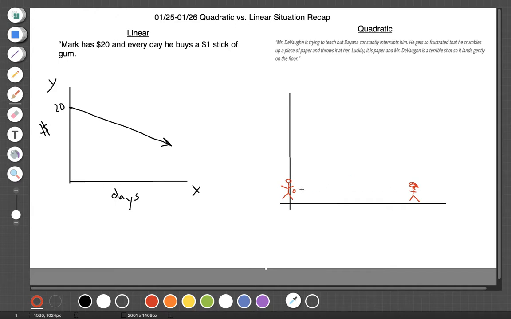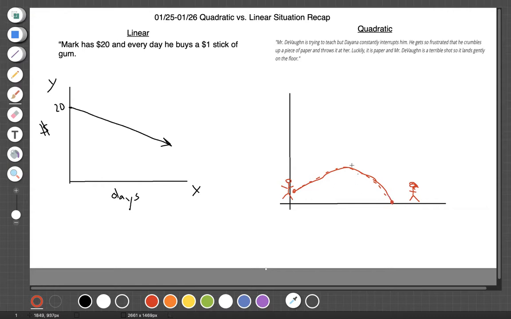Does it go straight at her? No, it kind of goes up, and then it kind of comes back down. Oops. But luckily, he's a bad shot, and it misses, and it kind of lands down here. Something like that. So this graph looked more like this.